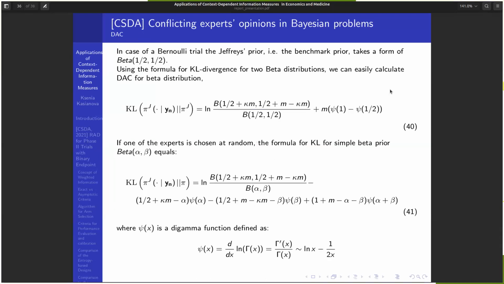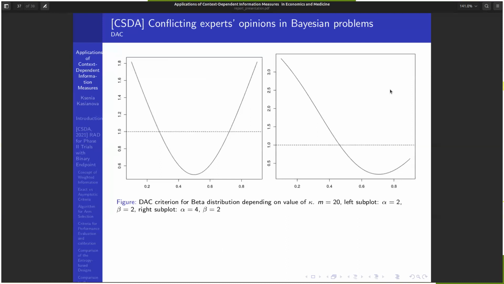And we have derived the Kullback-Leibler distribution for the Jeffreys posterior and our priors in the case of the beta prior, and numerically derived the Kullback-Leibler divergence for the case of the conflicted prior.